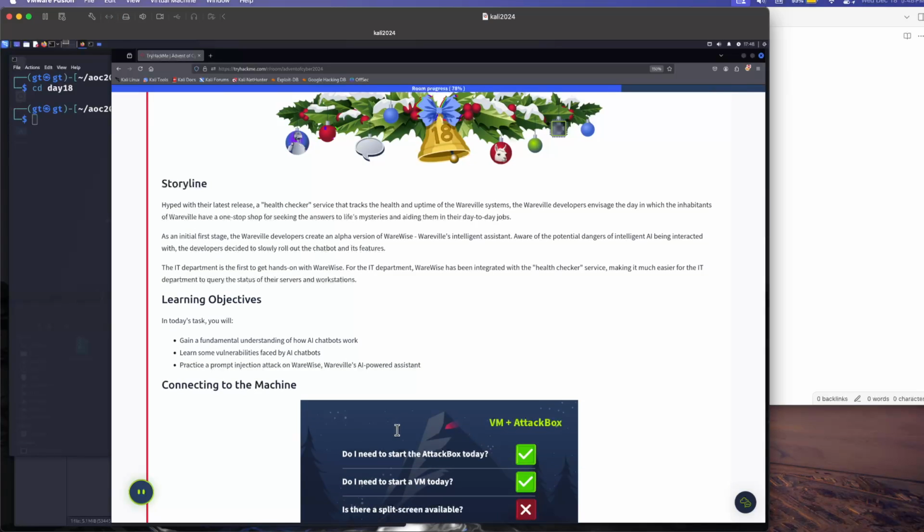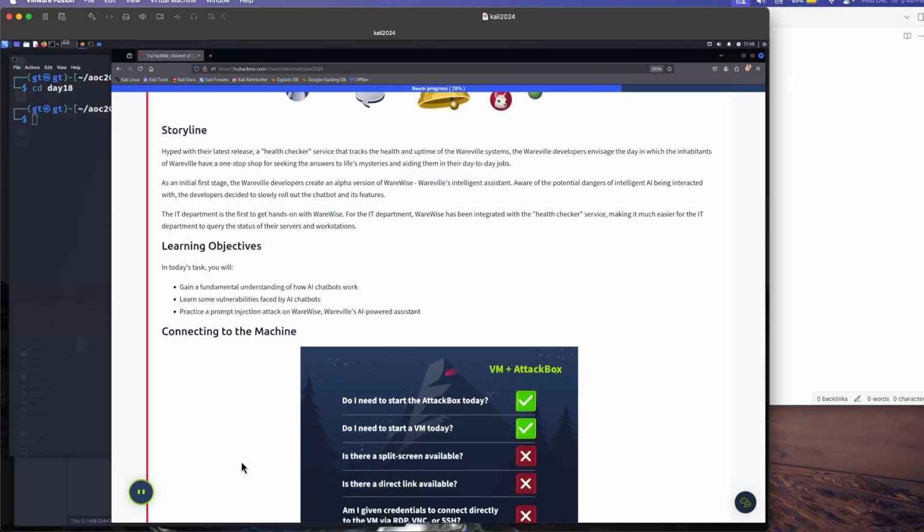As an initial first stage, the Wareville developers create an alpha version of Warewise, Wareville's intelligent assistant. Aware of the potential dangers of intelligent AI being interacted with, the developers decided to slowly roll out the chatbot and its features. The IT department is the first to get hands-on with Warewise.